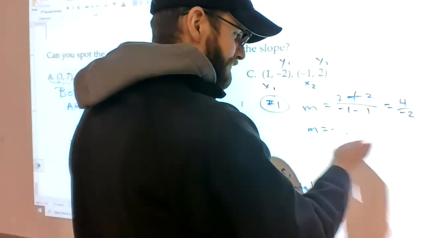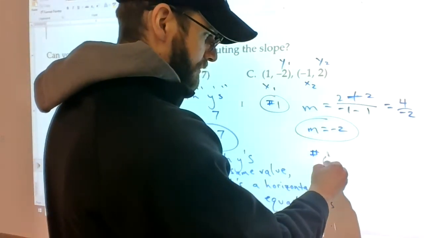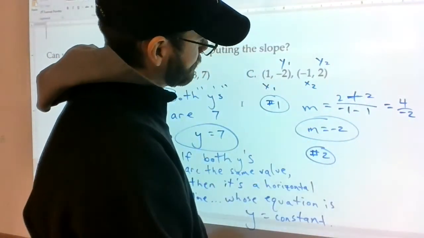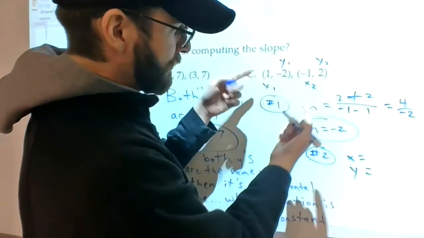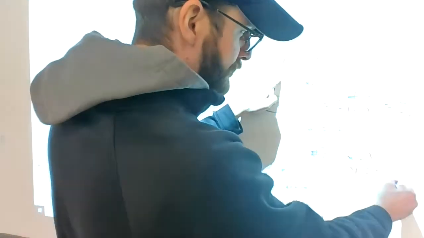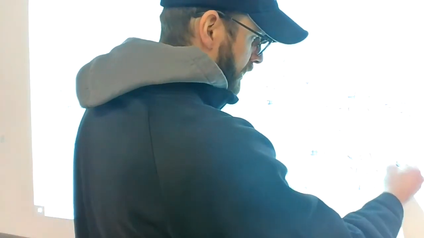Oh, it's just a normal linear equation where you find m, you pick an x and a y. It doesn't really matter in this situation. I'm going to pick x equals 1 and negative 2 for y. M is negative 2. Plug it into y equals mx plus b.